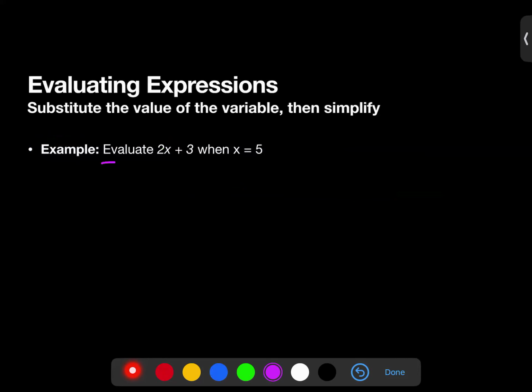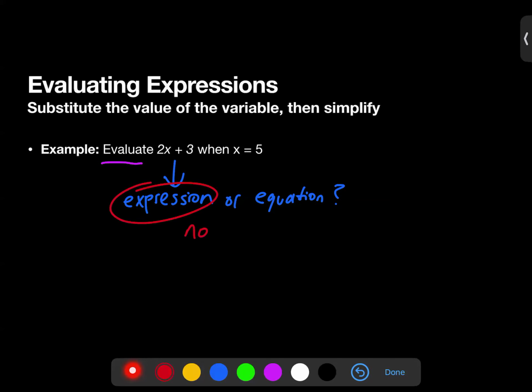So we want to evaluate 2x plus 3 when x equals 5. So first, I want to ask you, is this an expression or an equation? Expression, correct, because there is no equals sign.